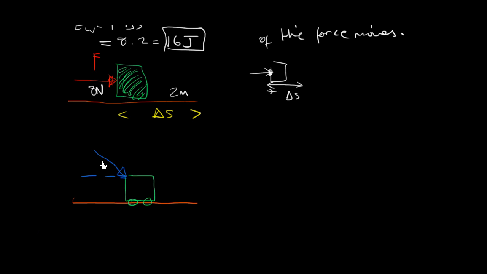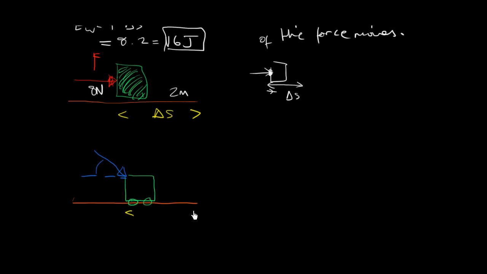It would be at an angle theta to the horizontal, but the movement of the trolley is along the floor, right? So this would be my delta S.